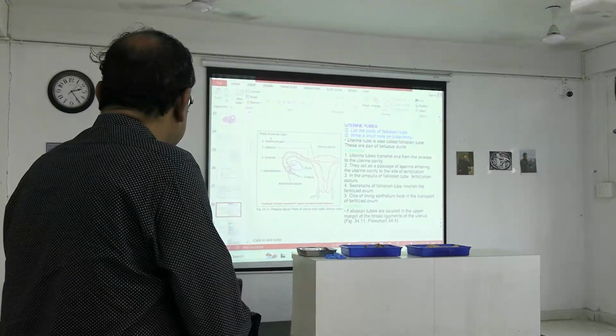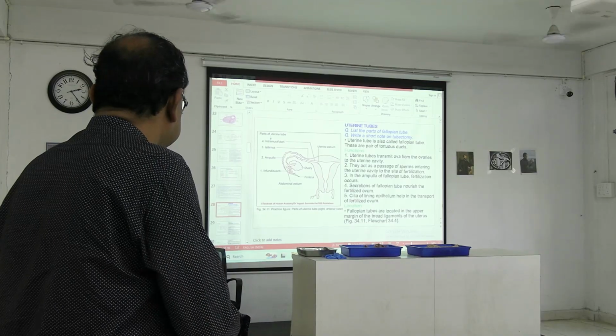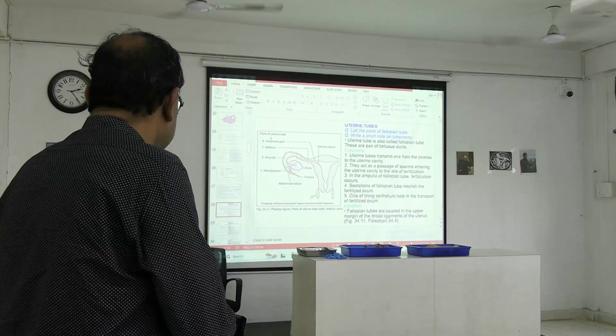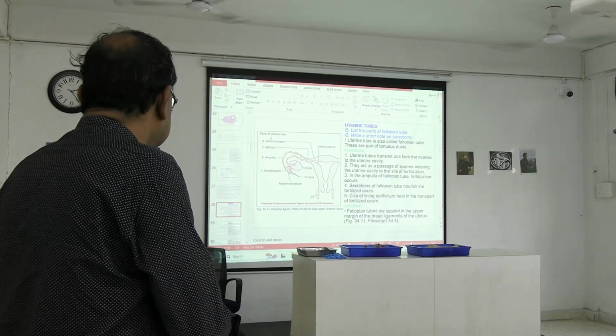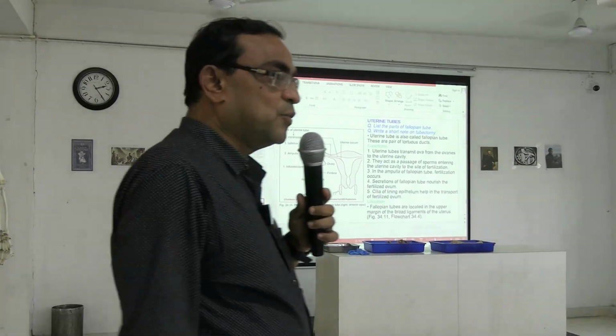So within the body you can see there is a cavity which is called the uterine cavity, which communicates on either side with a tube, that is the uterine tube or the fallopian tube.